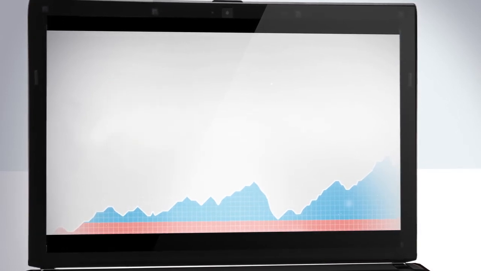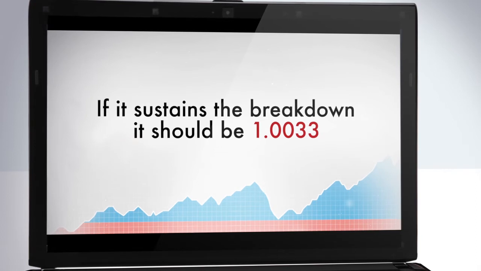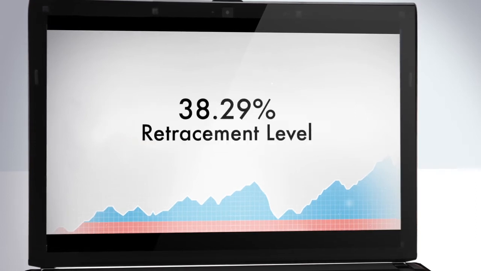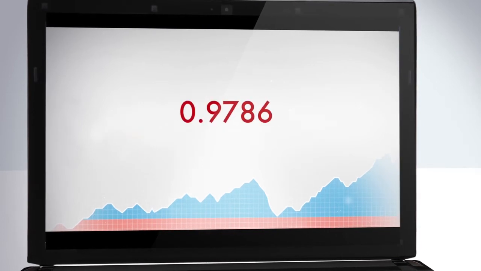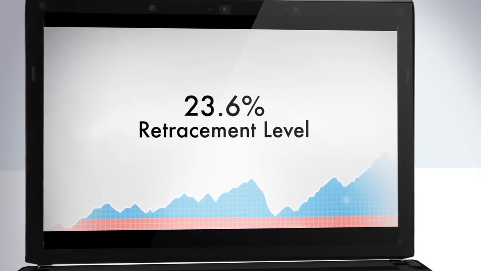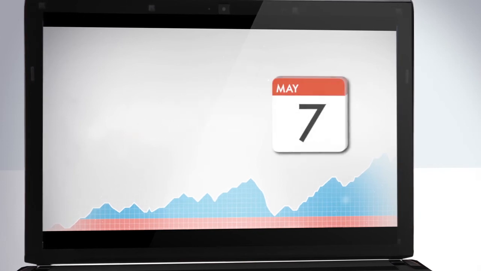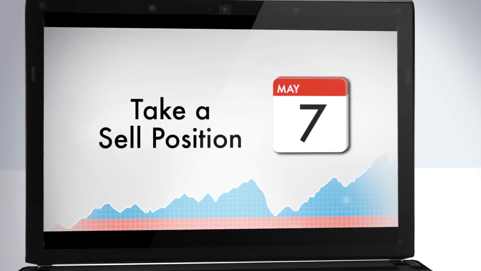If it breaks that level and sustains the breakdown, technically the next support should be 1.0033, a 38.2% retracement level, and 0.9786, a 23.6% retracement level. If on May 7th the pair keeps on trading below the 1.0234 level, an investor should take a sell position.